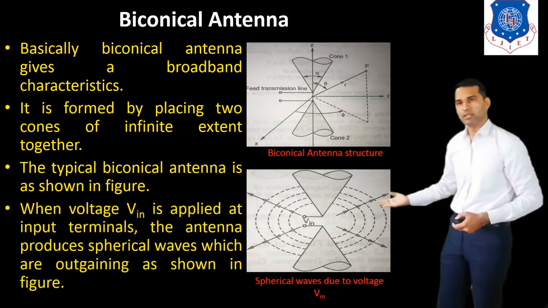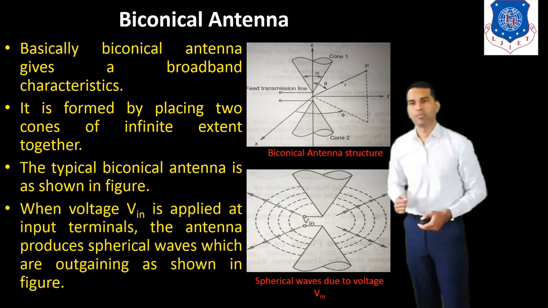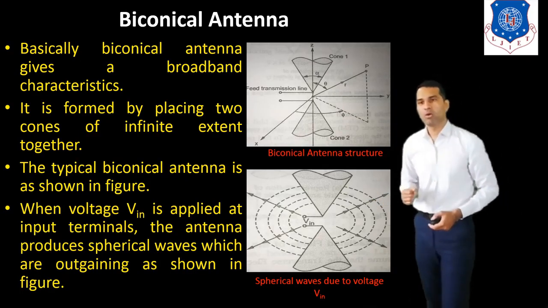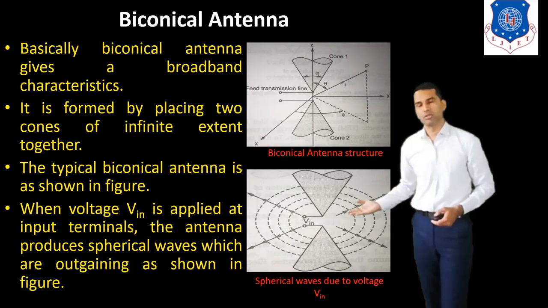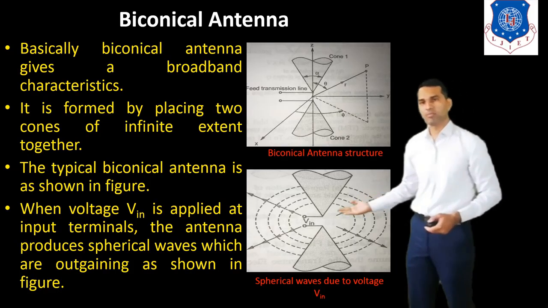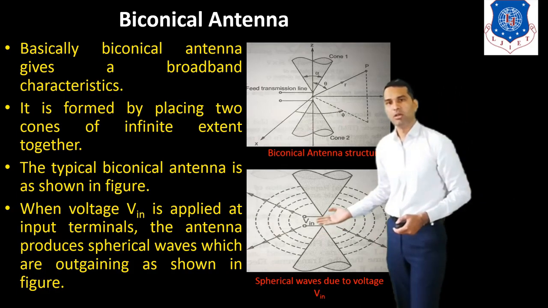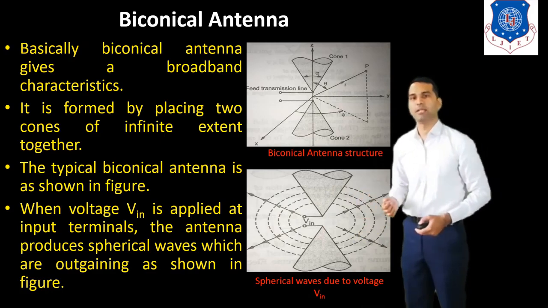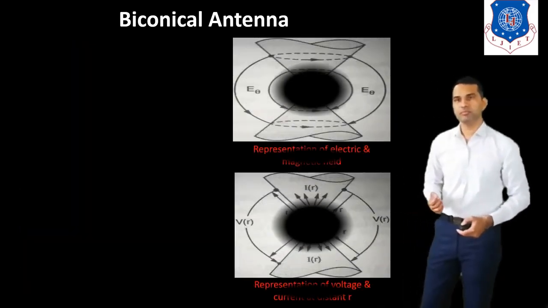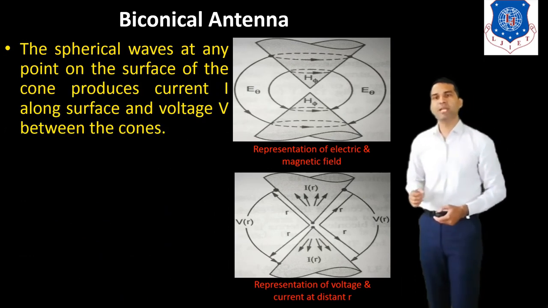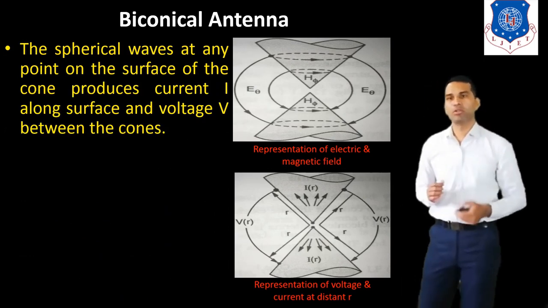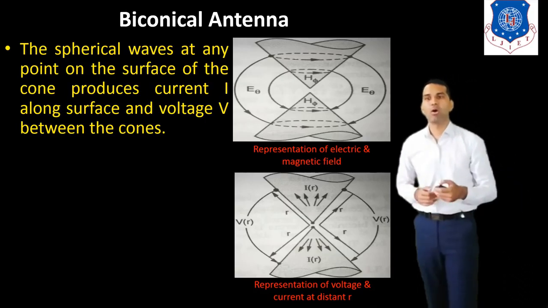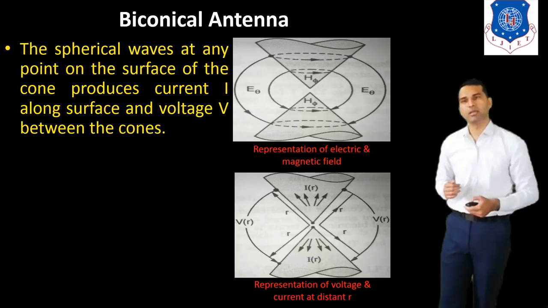When voltage Vin is applied at the input terminal, the antenna produces spherical waves which are outgoing, as shown in this figure. So here we give the voltage supply Vin as feeding, and we get this spherical wave on the outside of this antenna. The spherical wave at any point on the surface of the cone produces a current I along the surface and a voltage V between the cones.